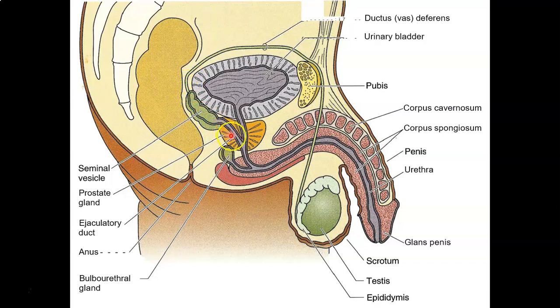The vas deferens will unite with the seminal vesicle to form the ejaculatory duct, and the ejaculatory duct will open into the prostatic urethra, and from the prostatic urethra it will continue into the membranous urethra, and penile urethra, to excrete the sperms to the outside. This is the pathway of the sperm starting from the testes to be excreted from the copulatory organ here.